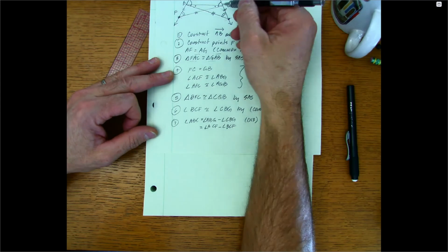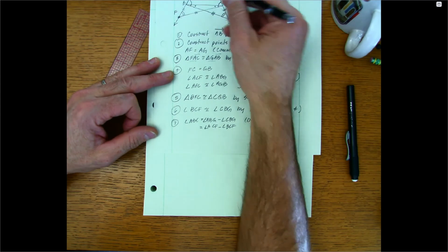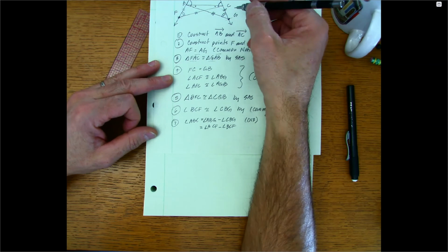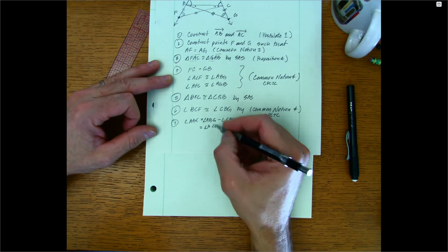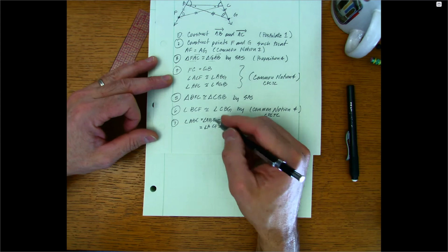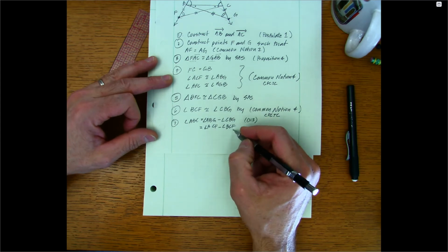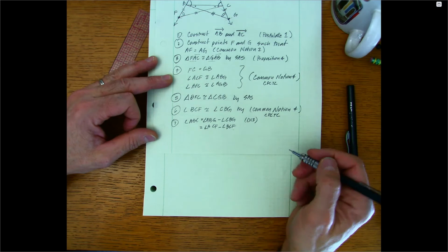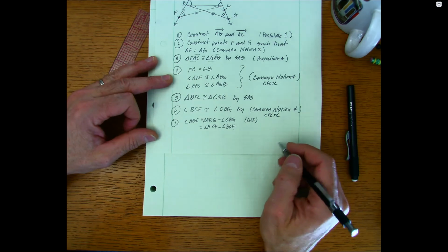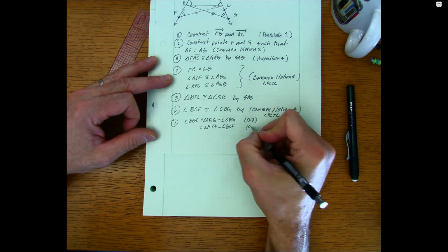Okay, but the CBG is congruent to this one, to the ABG is congruent to ACF. So we substitute there, and CBG is equal to BCF. So that's from line 6. So that's common notion 1, equals can be substituted.